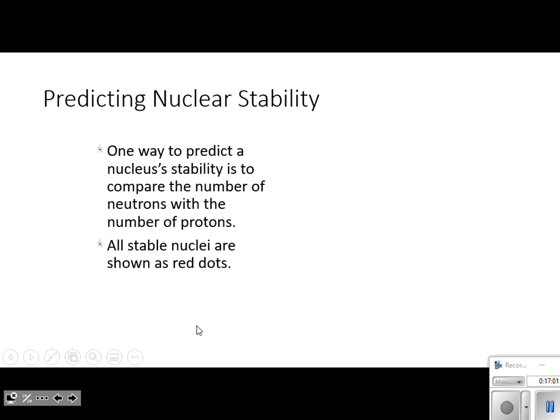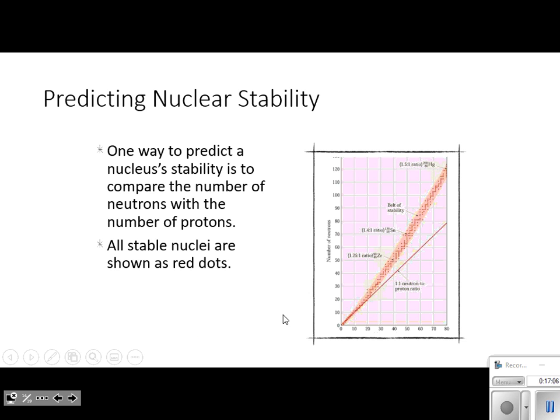All stable nuclei are shown as red dots. If you look at this, all of these red dots running all the way up here, those are the stable nuclei. We call this the band of stability or the belt of stability.